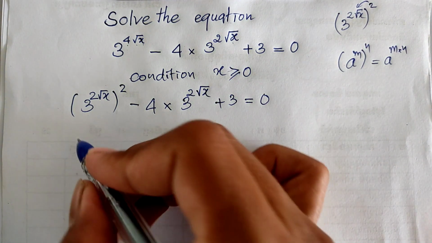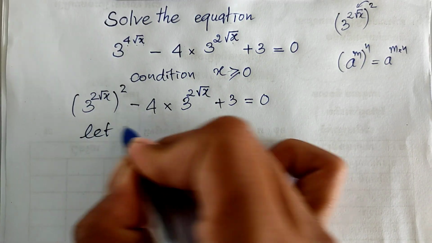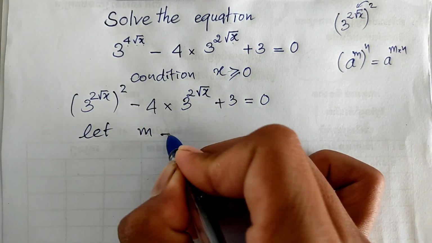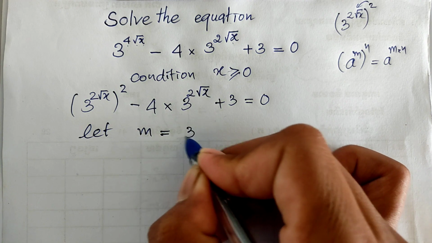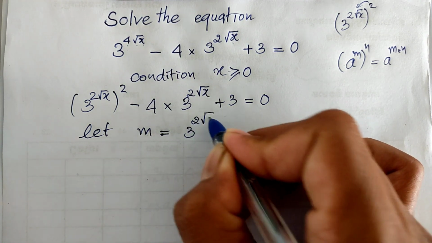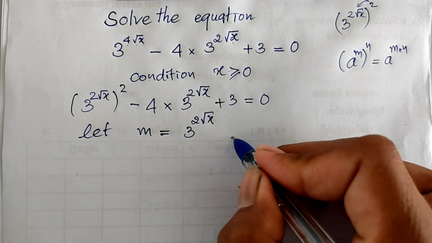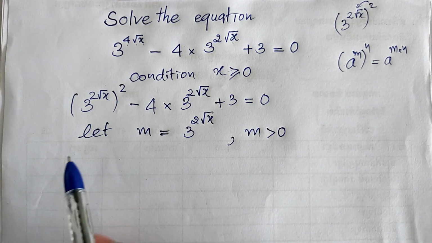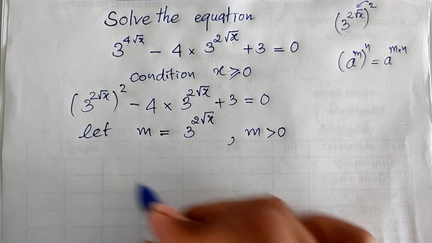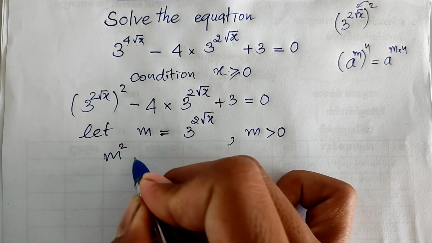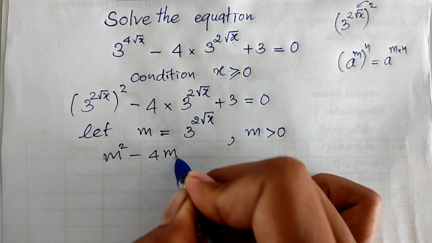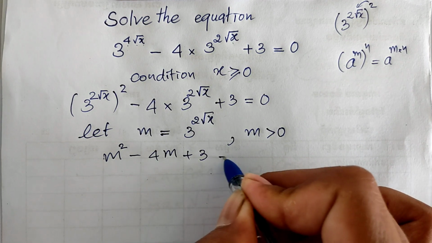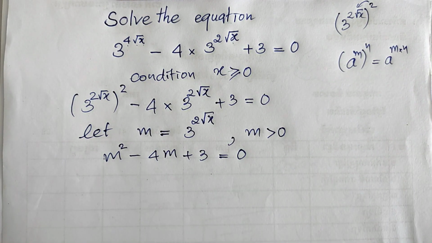So now let m equal 3 power 2 square root h, and m is positive. So we get the new equation: m squared minus 4m plus 3 equals 0.